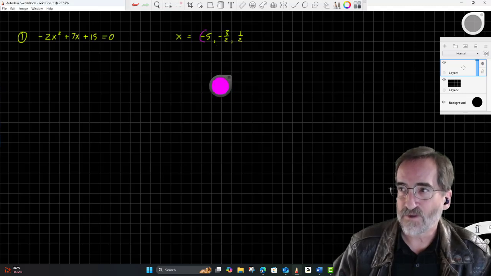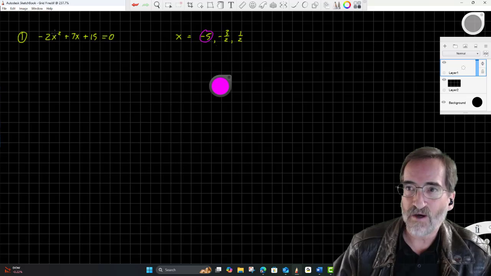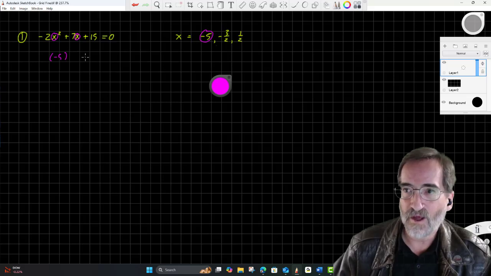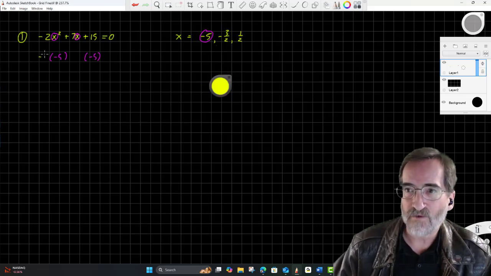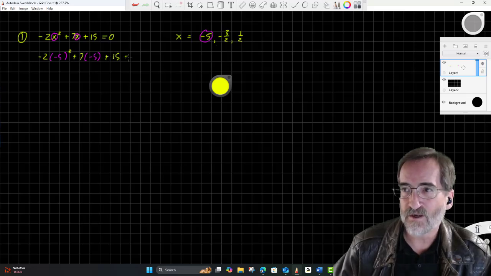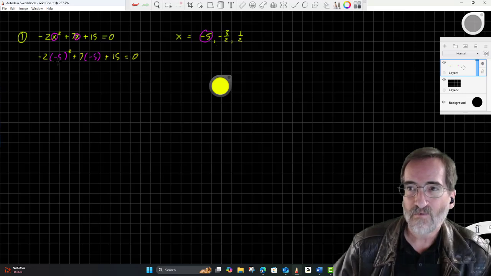So x equals negative 5, plug in negative 5 for x right here and right here. Negative 5 and negative 5. Everything else stays the same. So this is negative 2x squared plus 7x plus 15 equals 0. Negative 5 times negative 5, which is negative 5 squared. Negative times negative is positive.